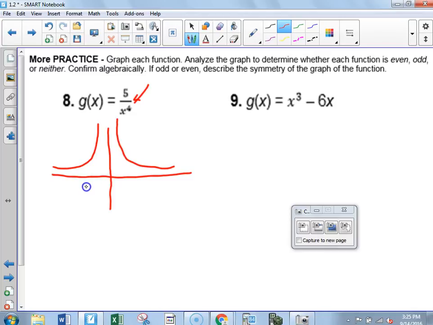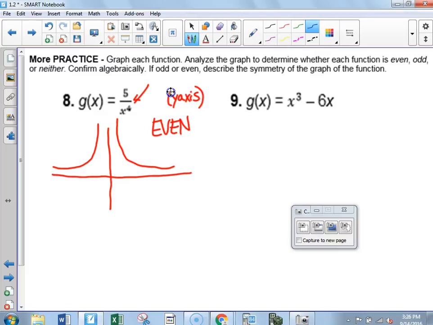I think it's a volcano. Did you get a volcano? Okay, what kind of symmetry? Looks like y-axis symmetry, right? Which makes it an even function.